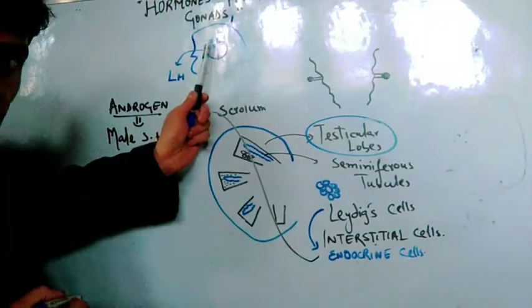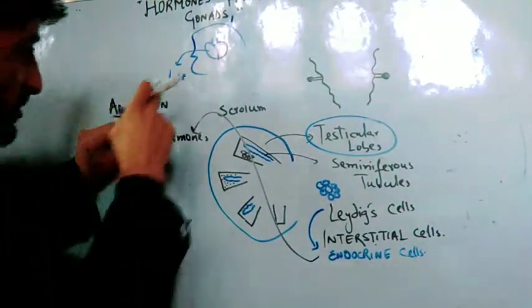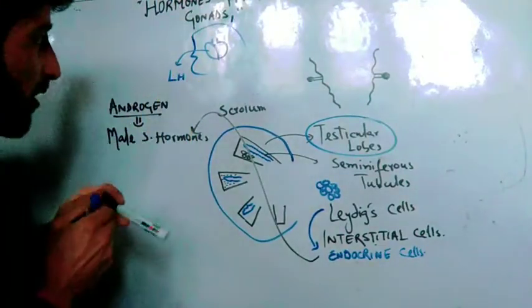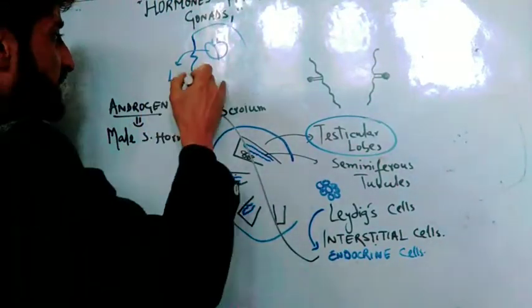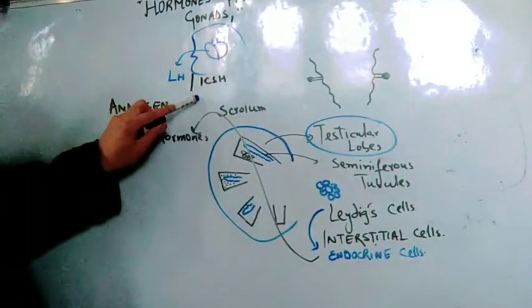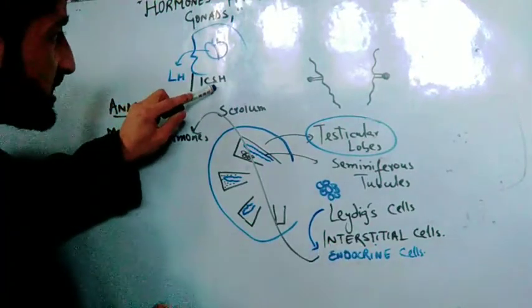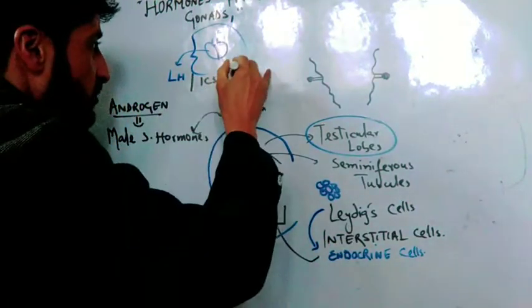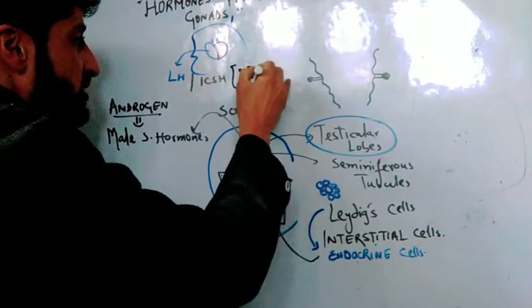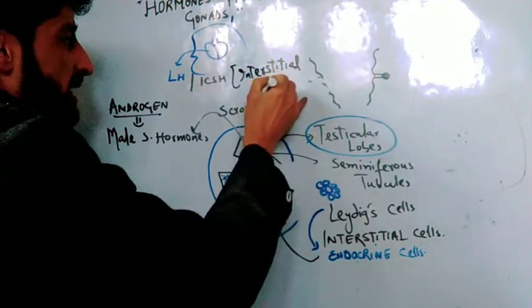From the anterior lobe of pituitary gland, a very special hormone is produced. That hormone is known as luteinizing hormone, or that hormone is also known as ICSH, interstitial cell stimulating hormone.